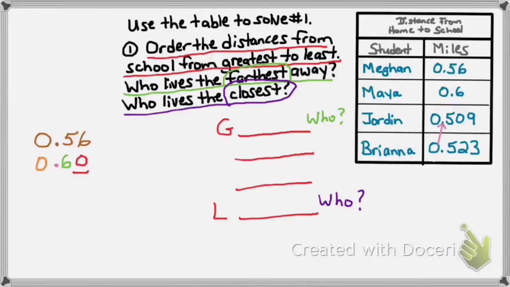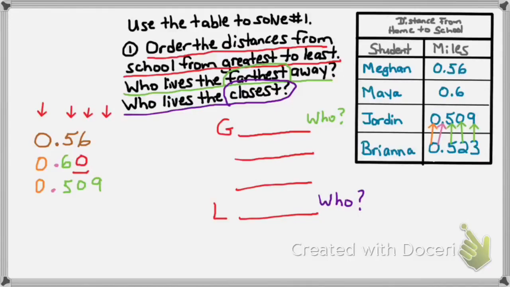So in Jordan's number, I focus in on the decimal and put the decimal directly underneath the other decimals. To the left of the decimal, I have a 0, so I'll write a 0. To the right of the decimal, I have a 5, 0, 9, so I will write down 5, 0, 9. Now I need to focus in and make sure my columns are equal. 3 digits, that's good. 3 digits, that's good. 3 digits, that's good.